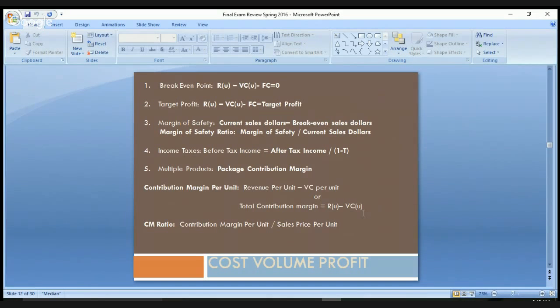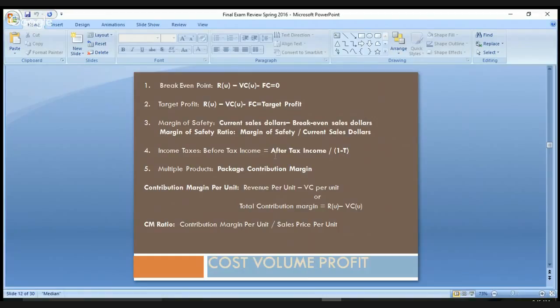Now, another thing you need to know about is the break-even point. Remember, revenues minus variable expenses minus fixed costs equals 0. For your target profit, you basically use the same equation, but instead of 0, we put what you want. Your margin of safety is the current sales dollars minus break-even sales dollars. Margin of safety ratio is your margin of safety divided by your current sales dollars.